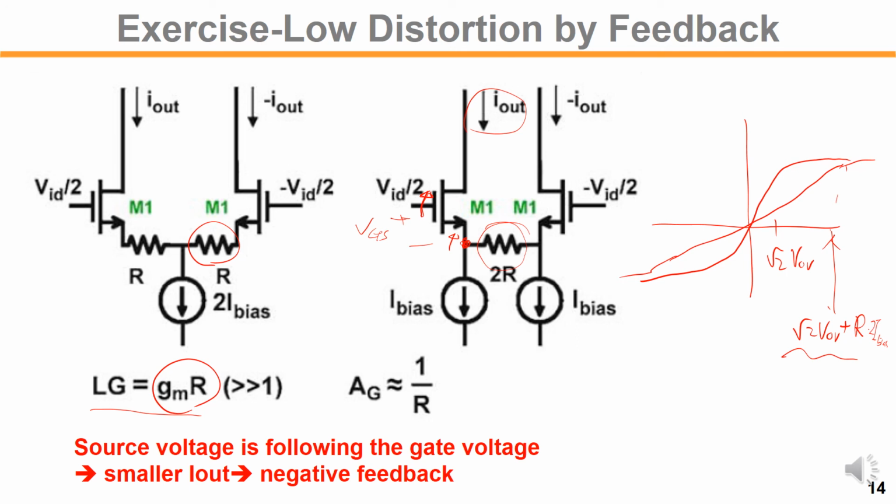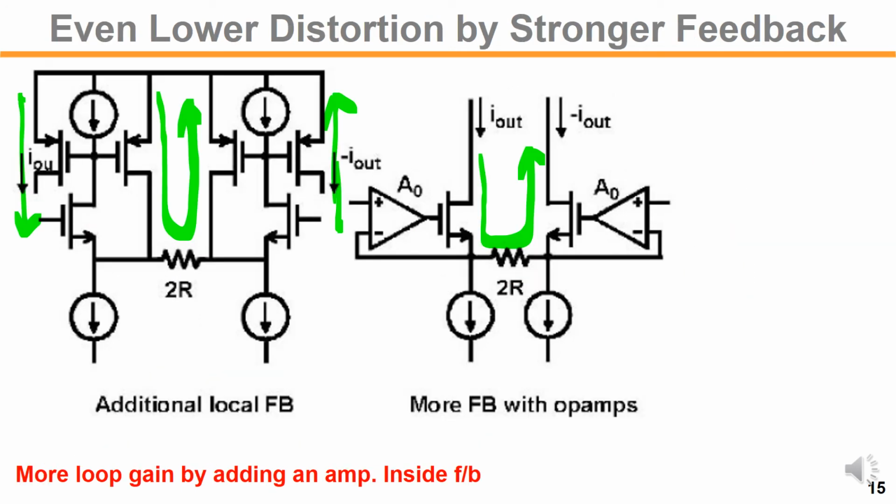If we want a stronger feedback, we can apply some active gain, as in the next slide. This is a more active example, with more loop gain involved. On the left hand side is the typical source degeneration, and here we apply a gain stage.